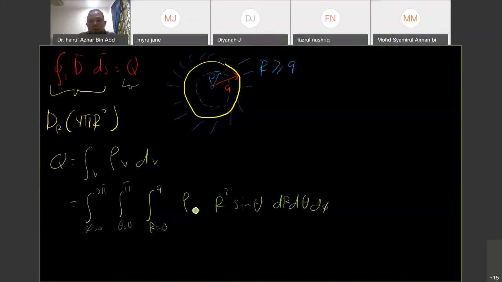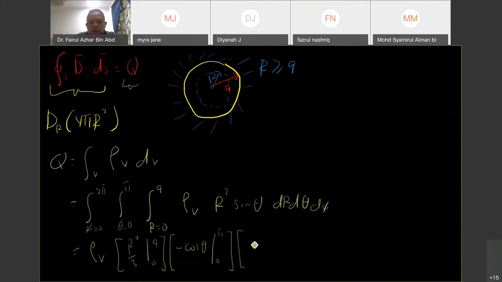So this one is rho v. And to solve this one, we will have rho v, r squared, so we will have r to the power of 3, divided by 3. The limit is from 0 until a. Okay, so integration of sine, we have minus cos theta. The limit is from 0 until pi.